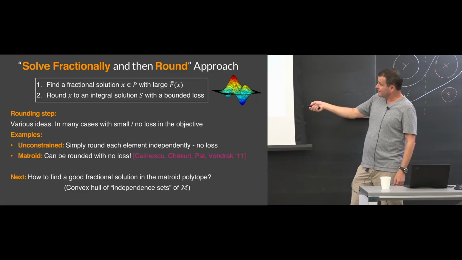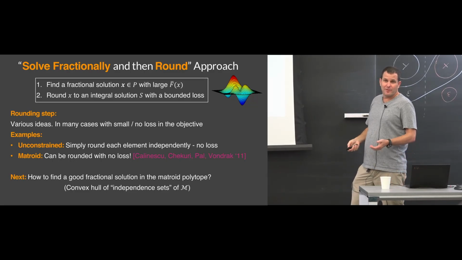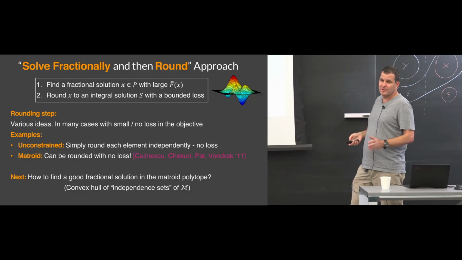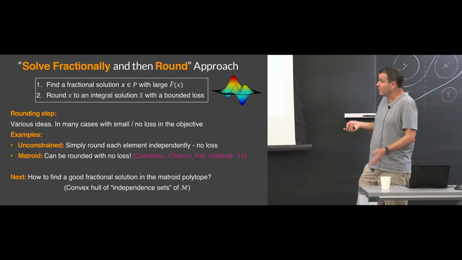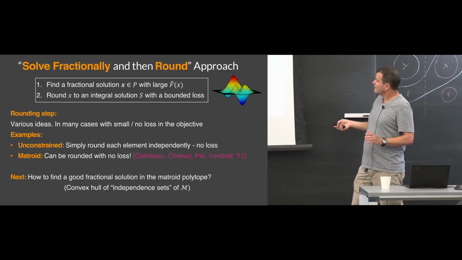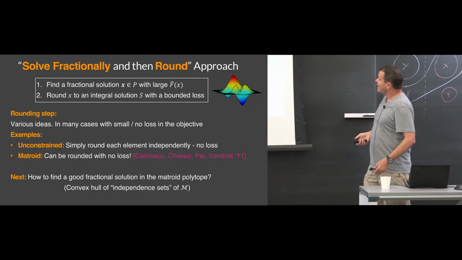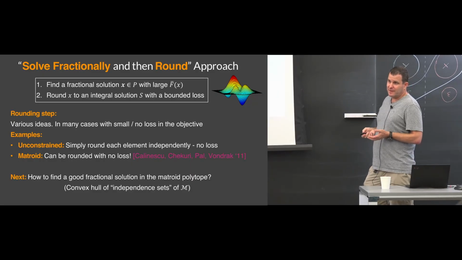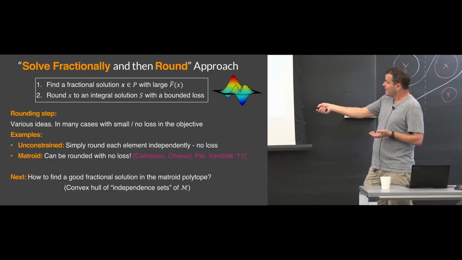But quite surprisingly, you can do it also for general matroids. I will tell you more at the end of the talk. And you don't need to lose a lot here. Actually, here you don't lose anything. So this is rounding.